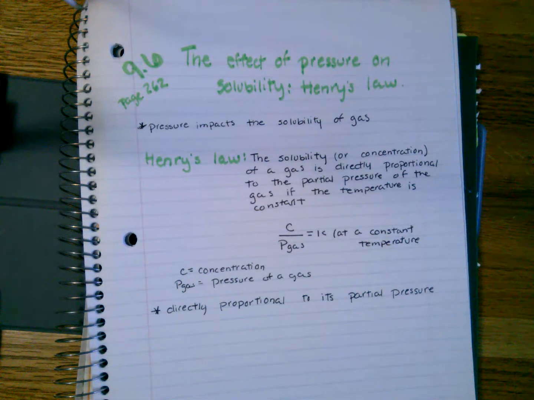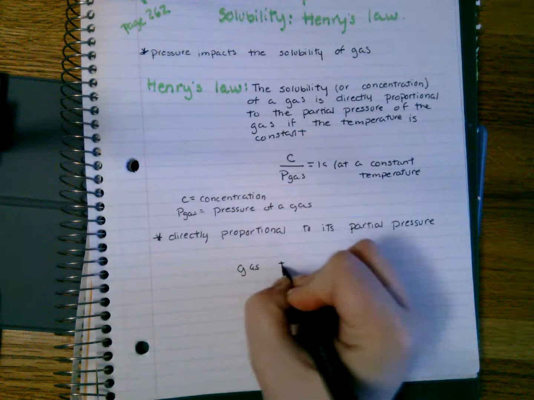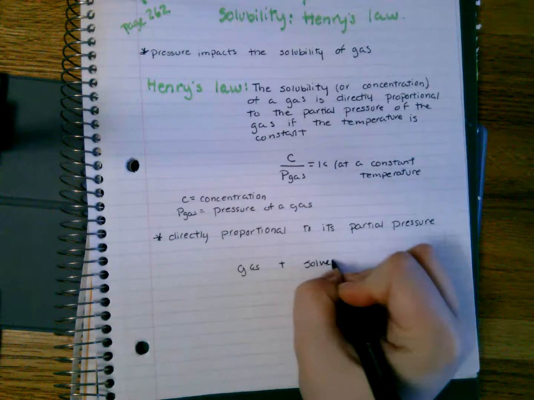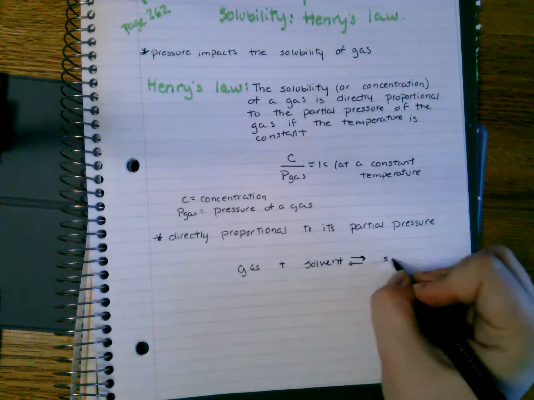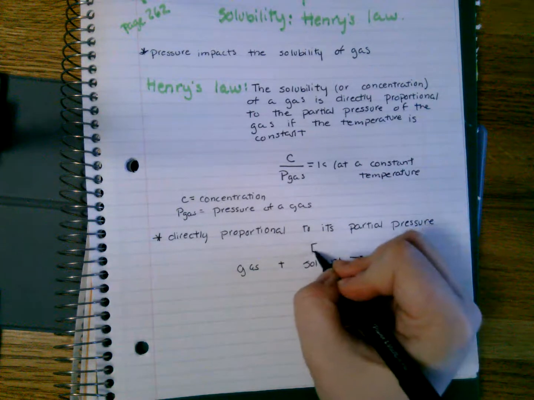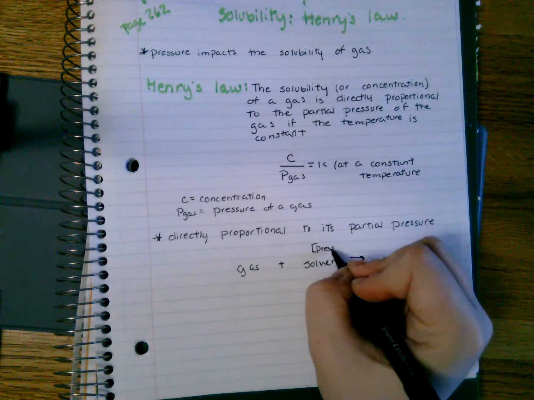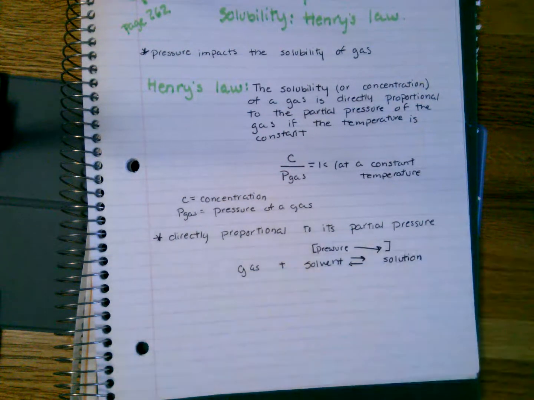Conversely, when the pressure of the gas is decreased, more gas molecules come out of the solution to relieve that decrease. So how that can be written is gas plus solvent in equilibrium with solution. So this is just stating that the pressure can shift so that the solution will become at equilibrium.